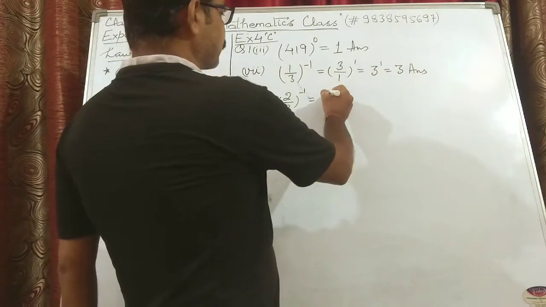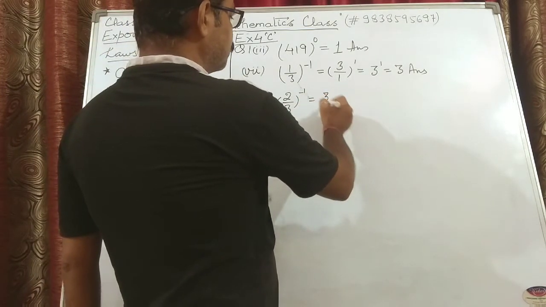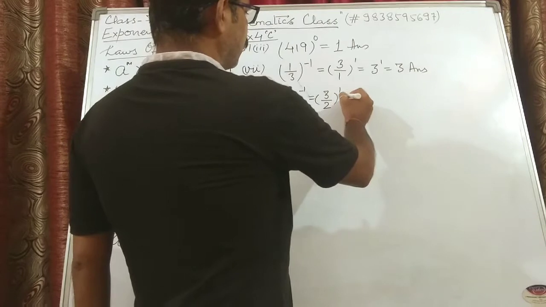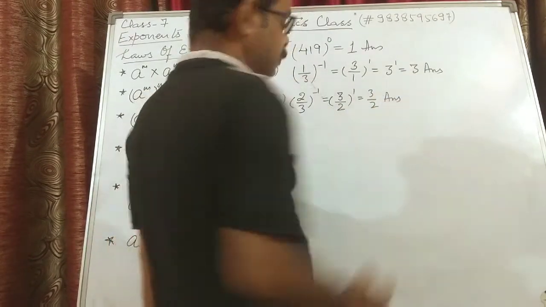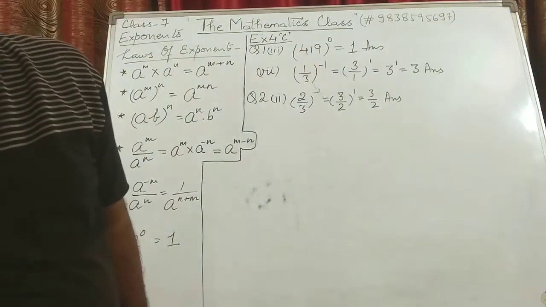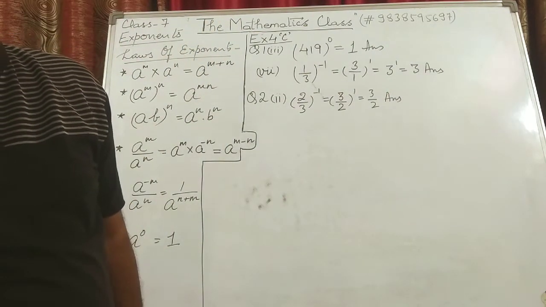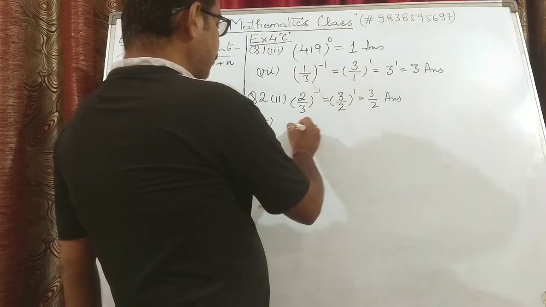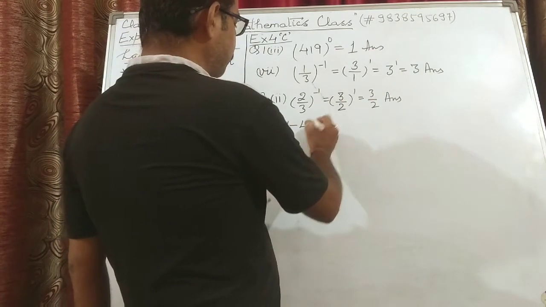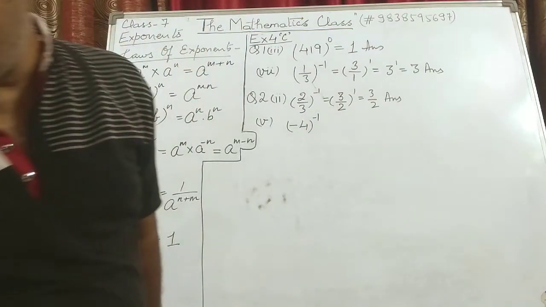It will become 3 upon 2 to the power 1 or simply 3 upon 2.